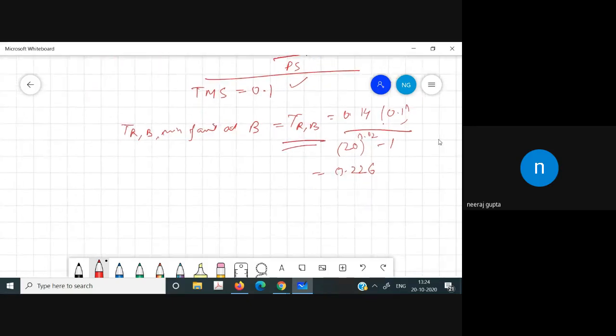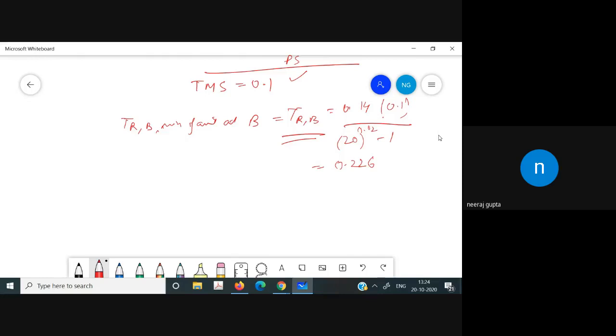Now, the circuit breaker time that we have assumed in the previous case is 0.5 seconds. So TCB, the circuit breaker time for the minimum fault at B, is equal to 0.5 second.